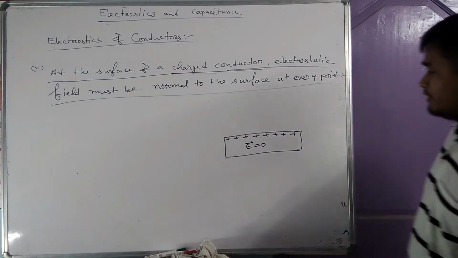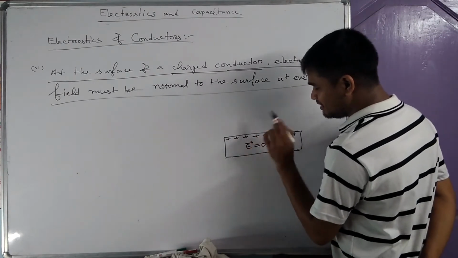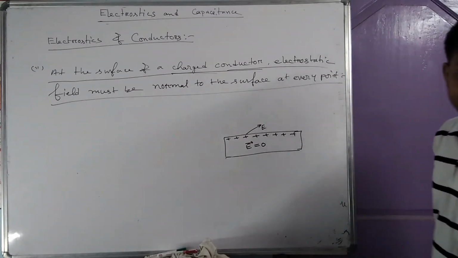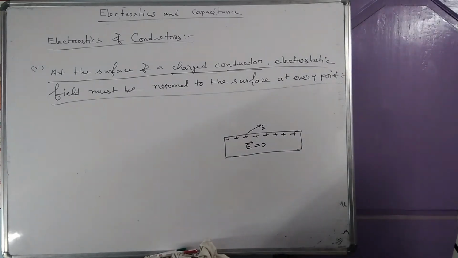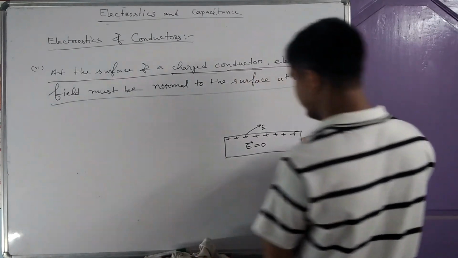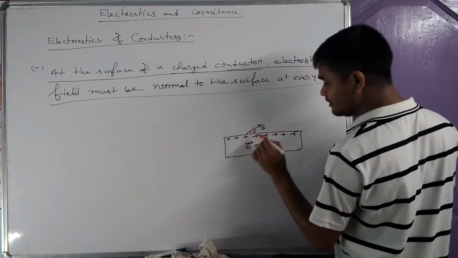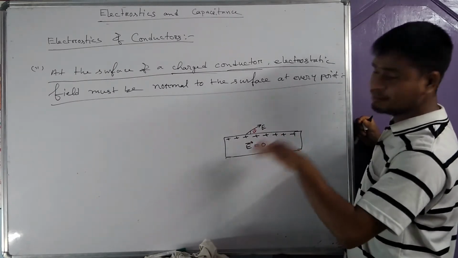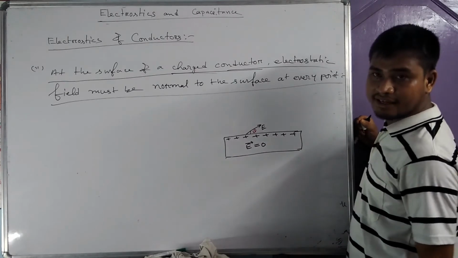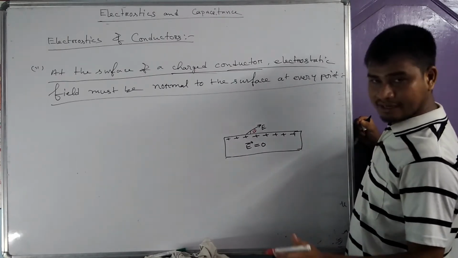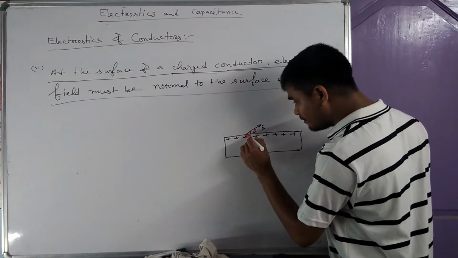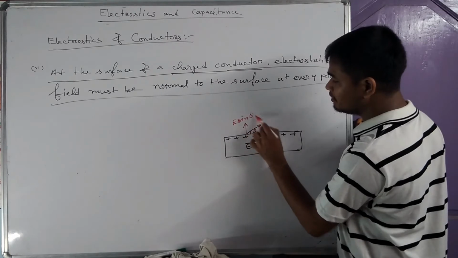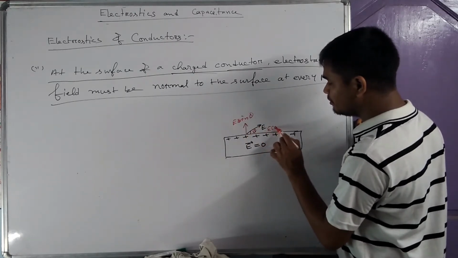Let us consider this is the direction of electric field. If this is the direction of electric field, then let us consider this is angle theta, that is, theta is the angle between the surface of the conductor and the electric field. Then we can resolve this electric field into two parts, that is E sin theta and E cos theta.